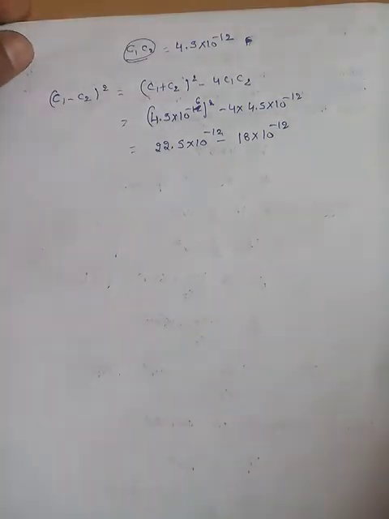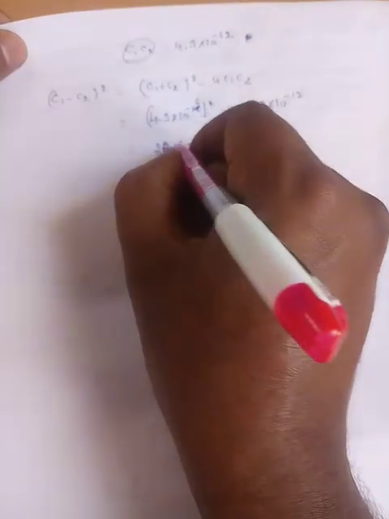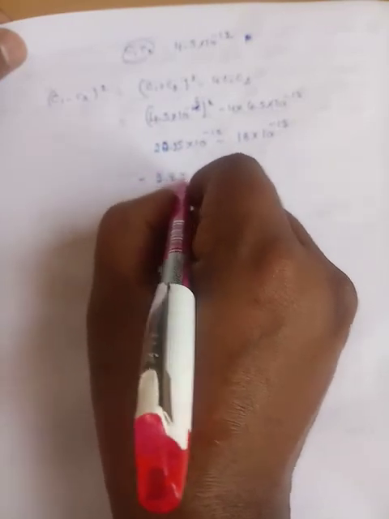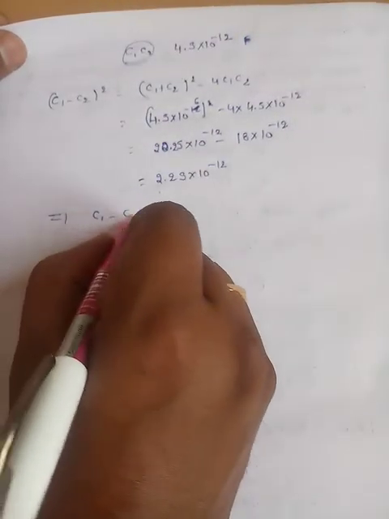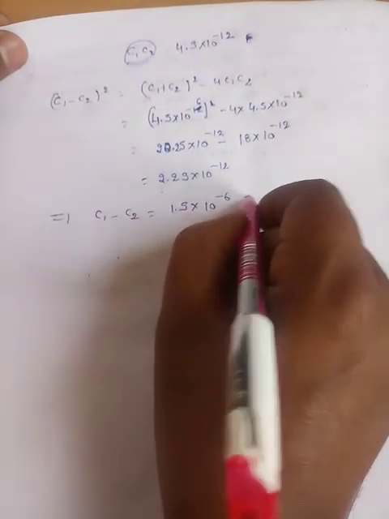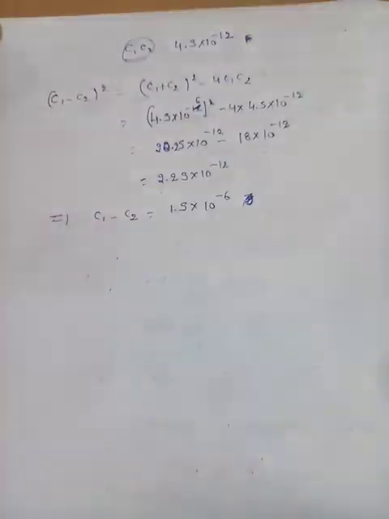So 20.25 minus 18, you get 2.25 into 10 raised to minus 12. From this, C1 minus C2 is equal to 1.5 into 10 raised to minus 6 farad.